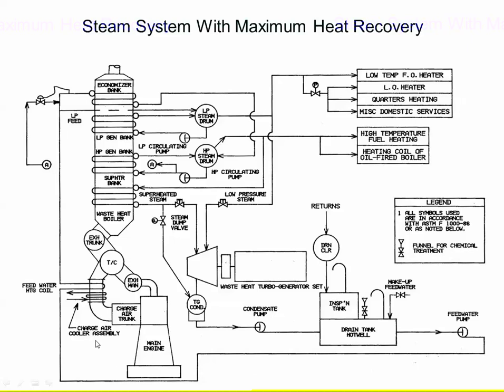In this case, I'm using heat from the charge air cooler, right? I'm recovering that heat. I'm recovering heat in an economizer. And remember too, it's not shown here, but I'm recovering heat from my jacket water. So this is an example where they've tried to get the maximum amount of heat to increase plant efficiency, which is the name of the game.